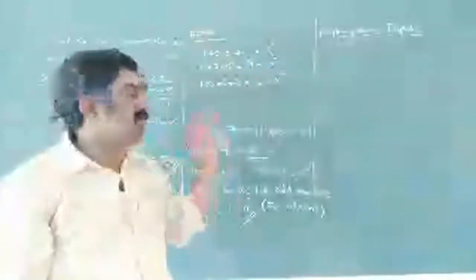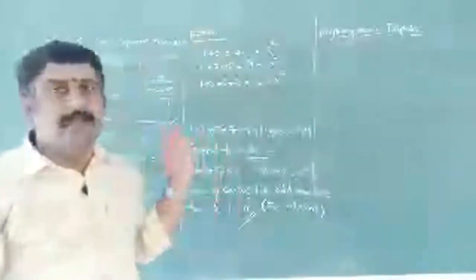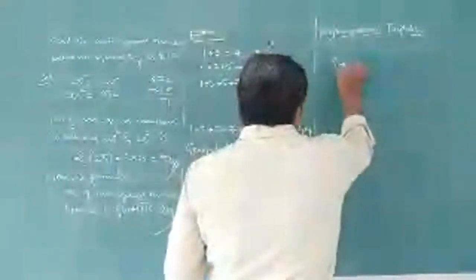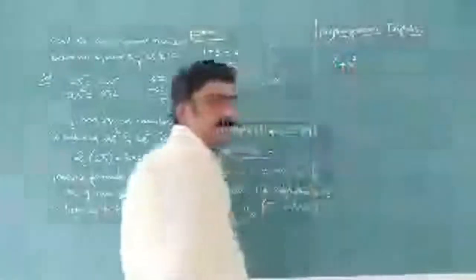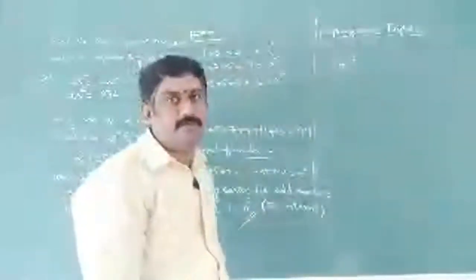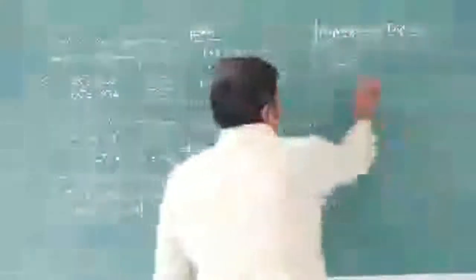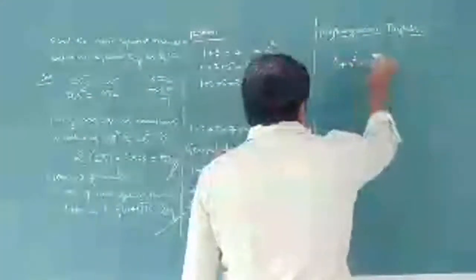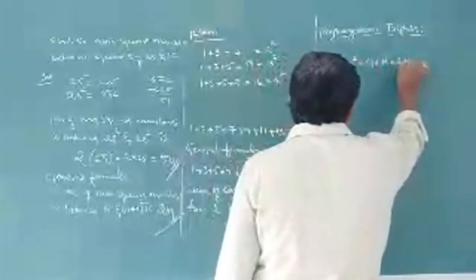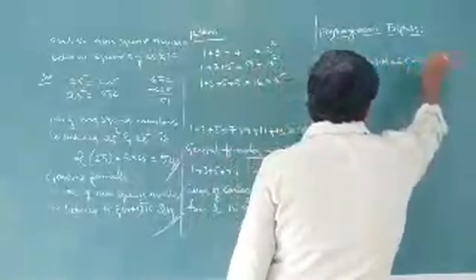Tri is nothing but 3. So 3 numbers. Triplet is nothing but 3 numbers. How is it going to be? Let me give some examples here. 3 square plus 4 square I am taking here. What is 3 square? 9. 4 square is 4 4s are 16. How much are you getting? 25. But 25 can be written as 5 square.